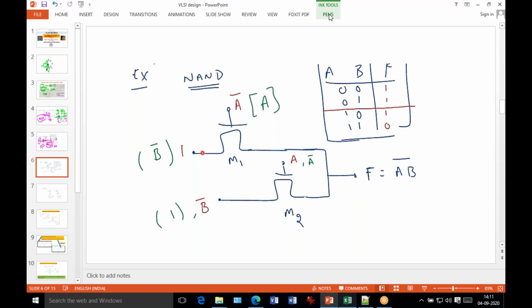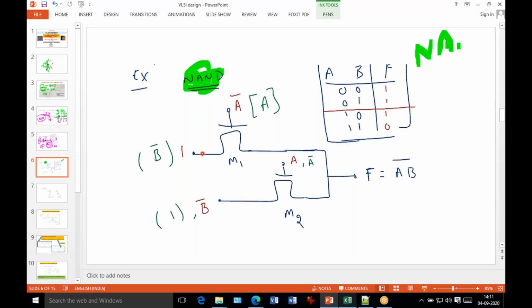Take our observation based on the truth table. Suppose that here, the architecture, if any input is 0, my output is 1. So you know this truth table of the AND gate. Okay, this is the truth table of the NAND gate. So this is the circuit.